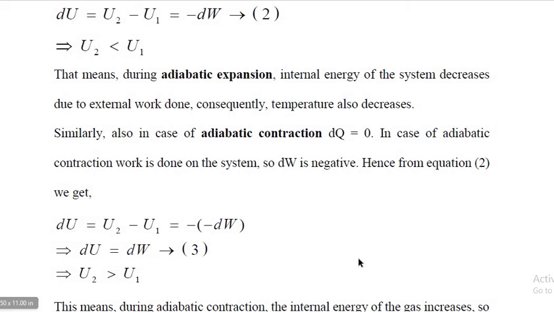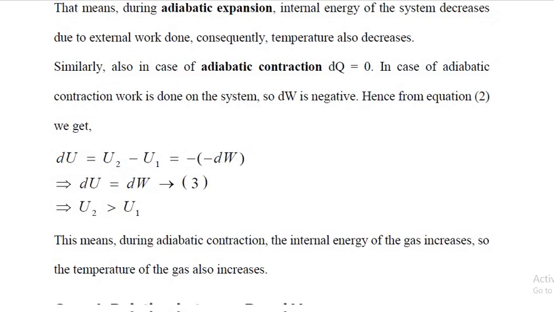But here u2 is greater than u1. This means during adiabatic contraction, internal energy of the gas increases. So the temperature of the gas also increases. Okay. Internal energy of the gas or the system increases. So the temperature of the system also increases.